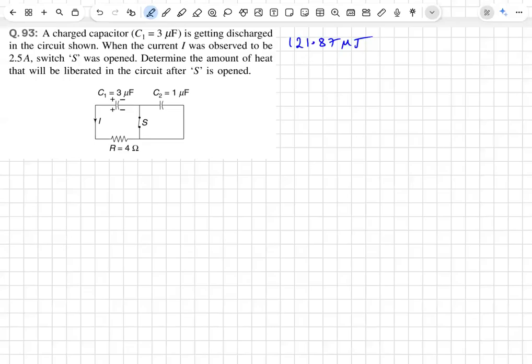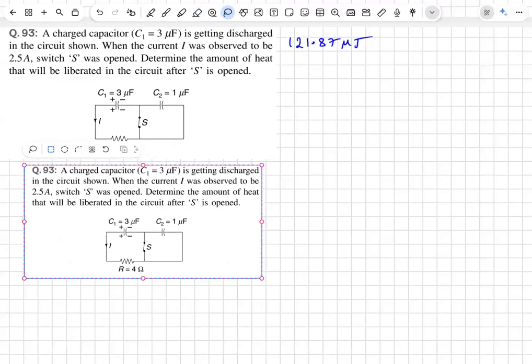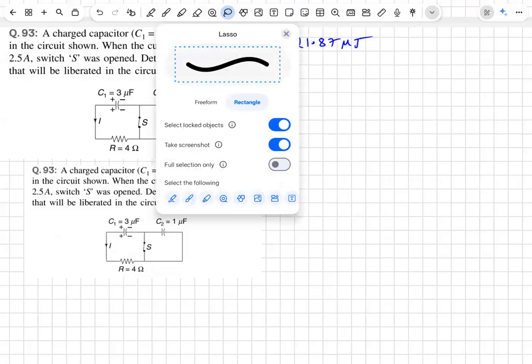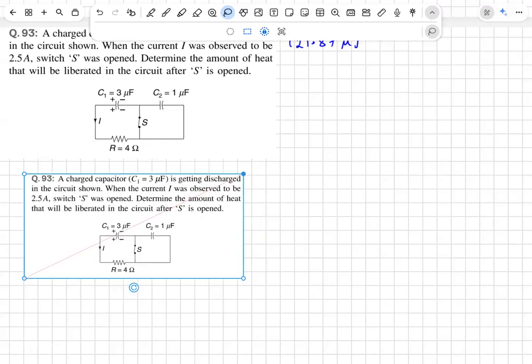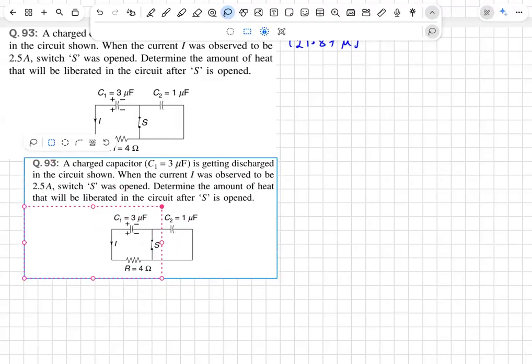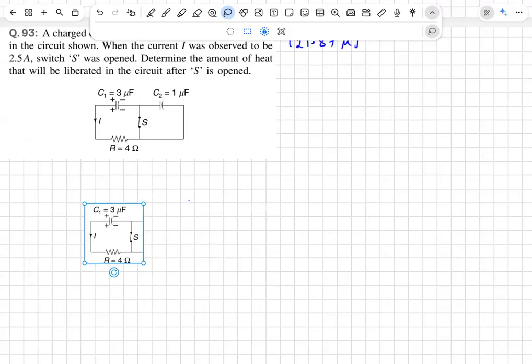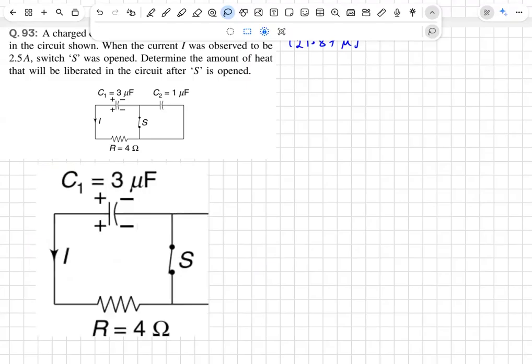I have 3 stages involved in this question. This is the first stage.